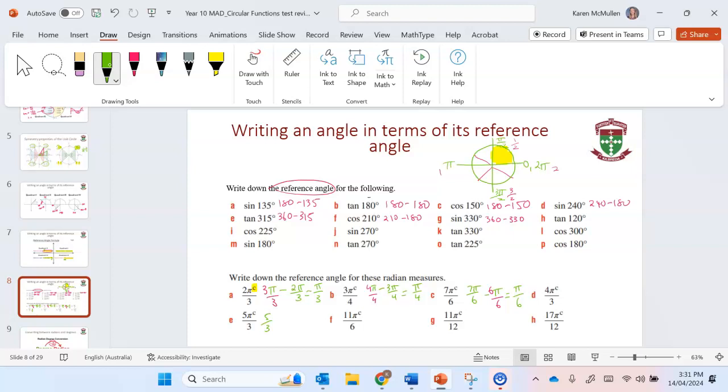Now, you've got to say, well, am I in the third quadrant or the fourth quadrant? 5 pi on 3 is nearly at 2 pi. If you think of 6 pi on 3, that is the same as 2 pi, because 6 divided by 3 is 2. So you've really got to think quite carefully about which quadrant you're in.